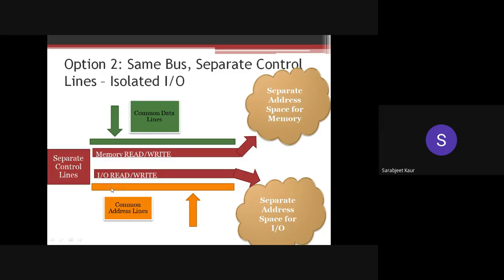So suppose the processor has placed the data here and the address 100 here, and it activates IO read, then it means that the data is to be read from the 100th location of the IO address space. If it activates memory read, then the data is to be read from memory address 100. Similarly, memory write means to be written to memory address 100. IO write means to be written to IO address 100. So this is the second option.